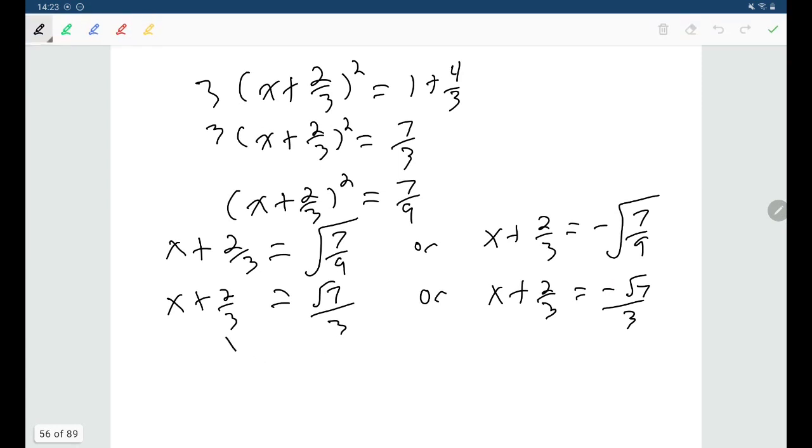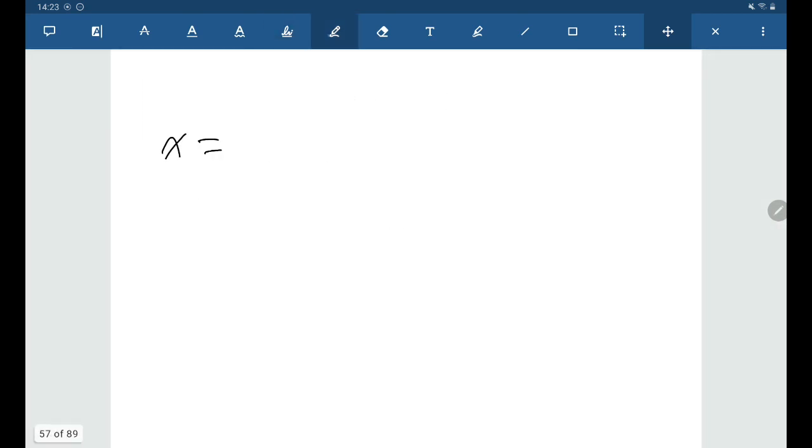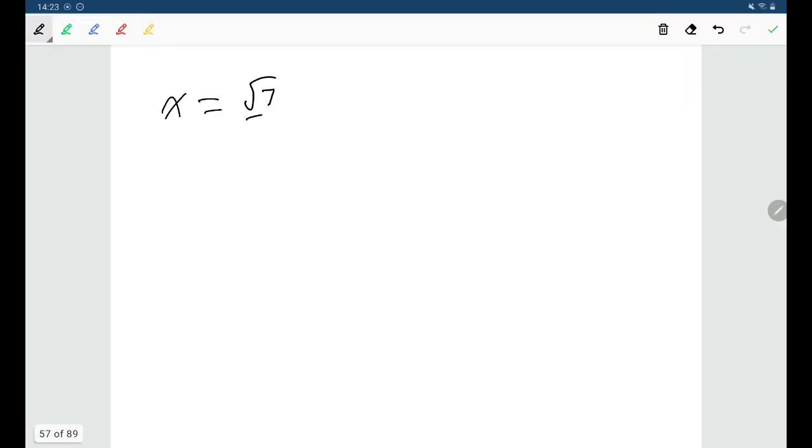So we'll have that x is equal to root of 7 over 3 minus 2/3, or x is equal to negative root of 7 over 3 minus 2/3.